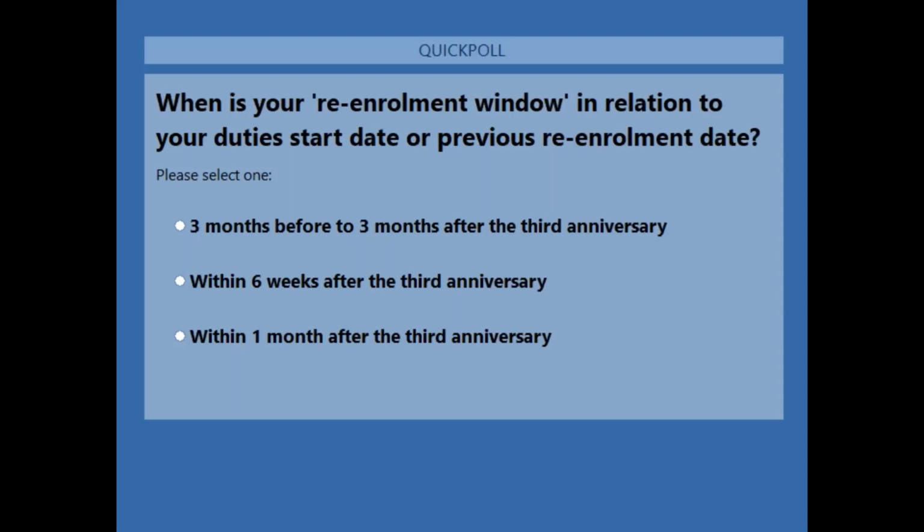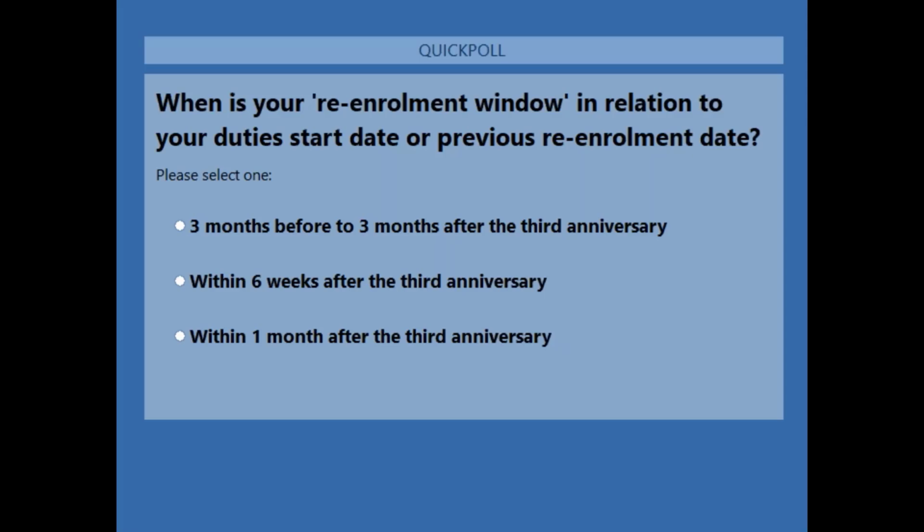And this first one for you is, when is your re-enrolment window in relation to your duty start date or previous re-enrolment date? So I've given you 3 choices here. Is the re-enrolment window 3 months before to 3 months after the 3rd anniversary? Is it within 6 weeks after the 3rd anniversary?